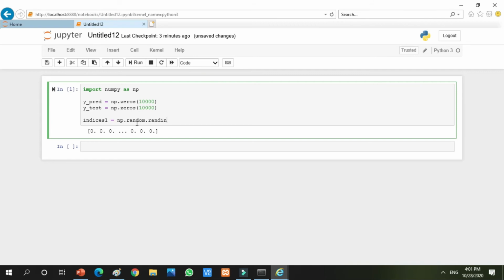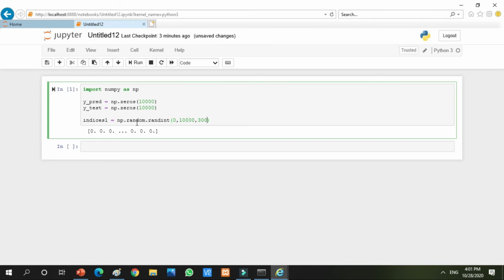You have already studied the randint function, and what I am doing in this randint function, I am making another variable named indices 1, and the range of this variable is 0 comma 10,000, means it will go from 0 to 10,000 and it will automatically take 300 values between the range 0 to 10,000.